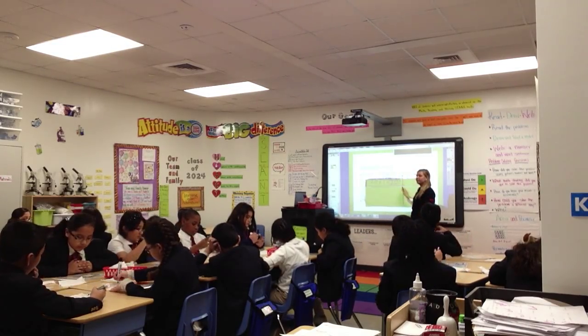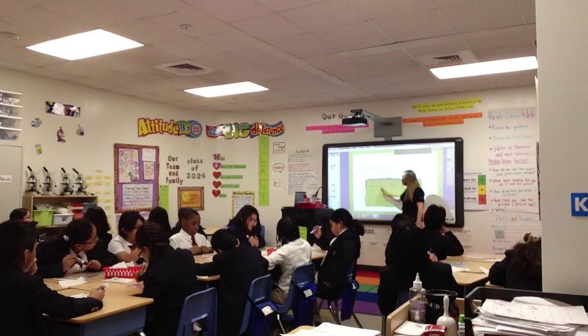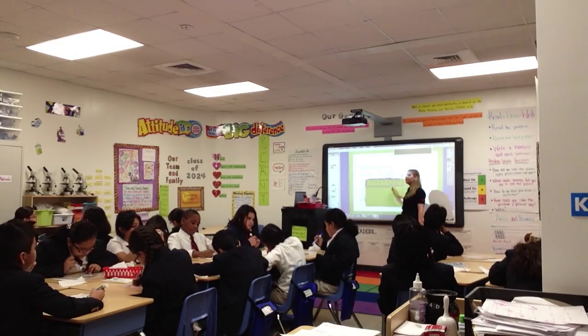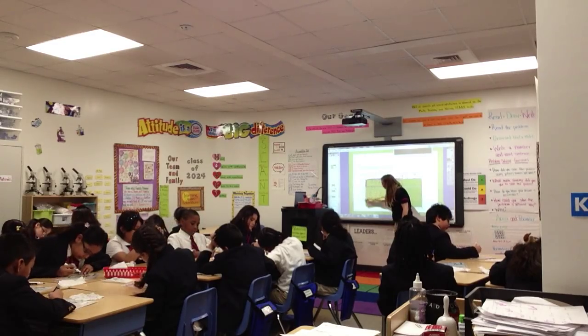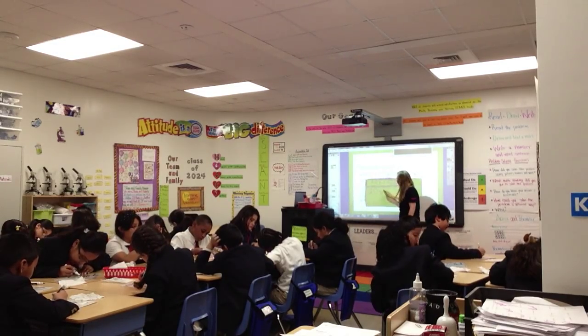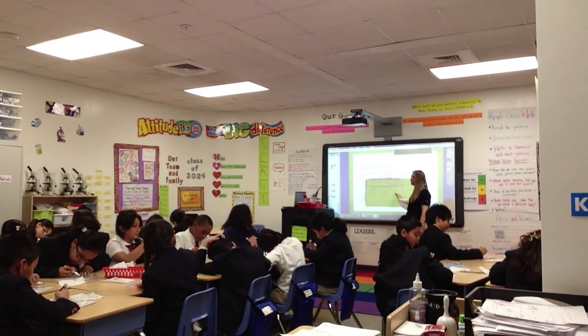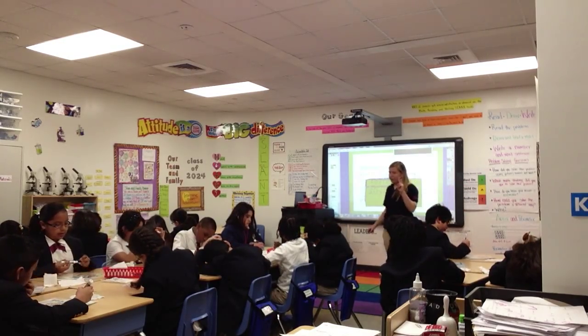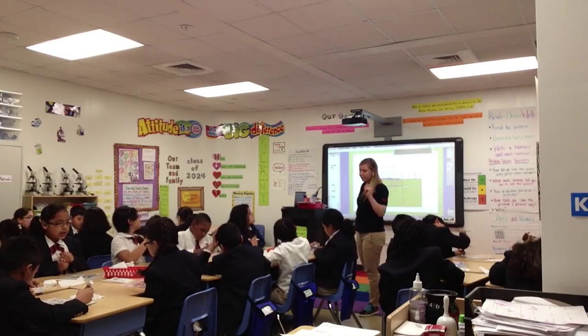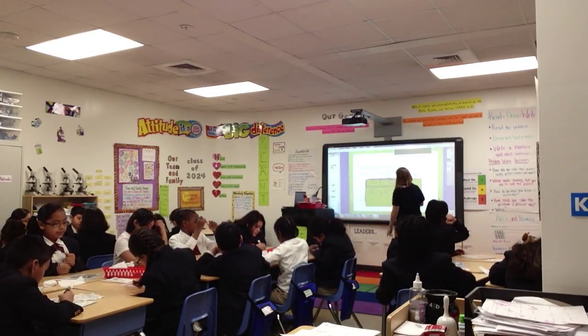Now we have the next box right below it. This line is still equal to 20 times the width, which is 30. 20 times 30 equals 600.